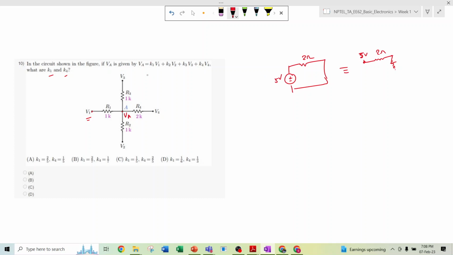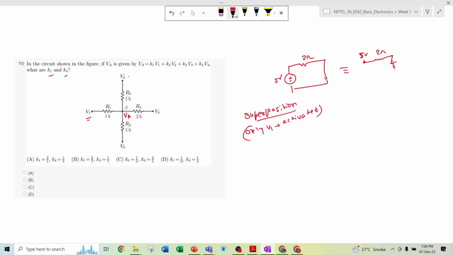So basically here it is asking what is K1 and K4. We use the superposition theorem, the same thing that we have already applied previously. Superposition says that if we consider only V1, only V1 is activated and the rest are deactivated.